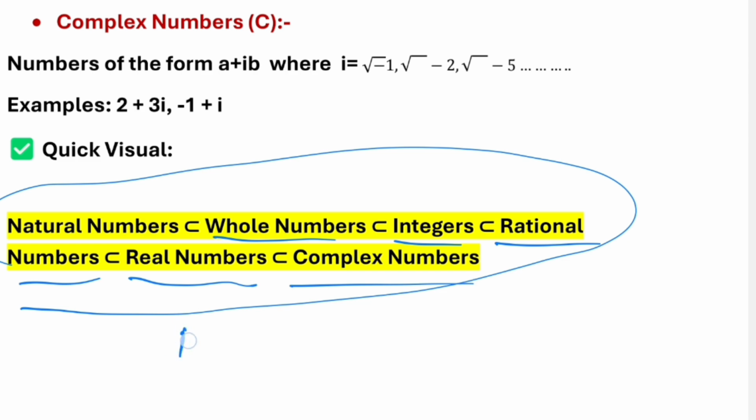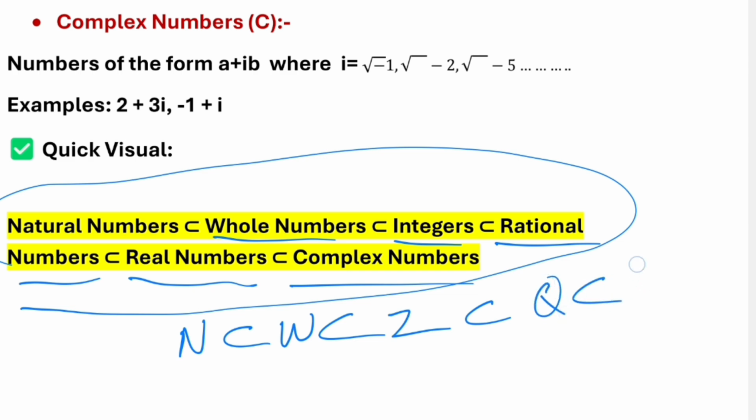This simply writes N belongs to capital W belongs to Z belongs to capital Q belongs to capital R belongs to capital C. This symbol is called subset. Subset means belongs to.